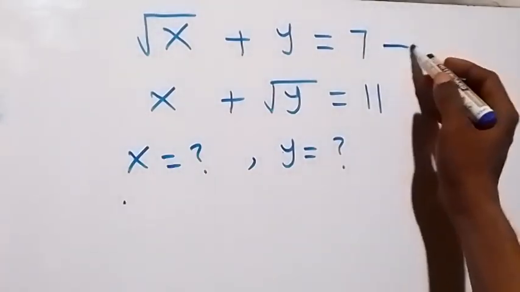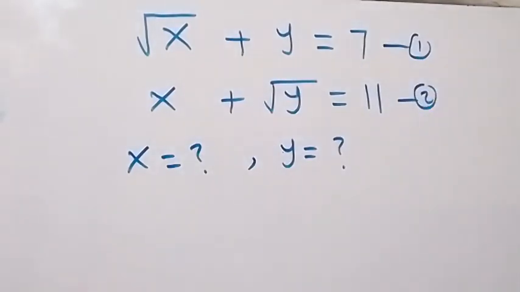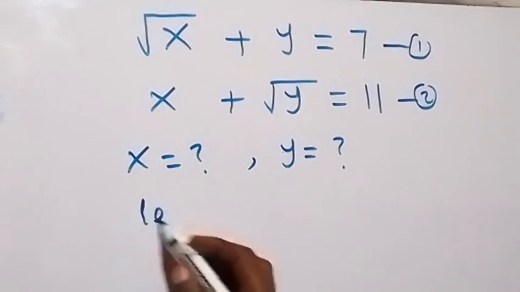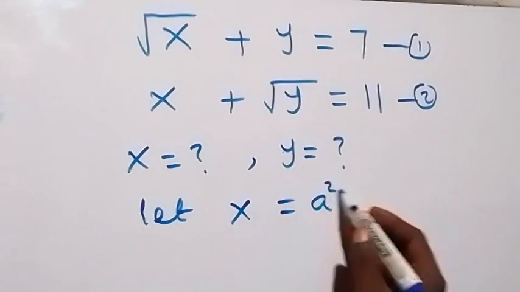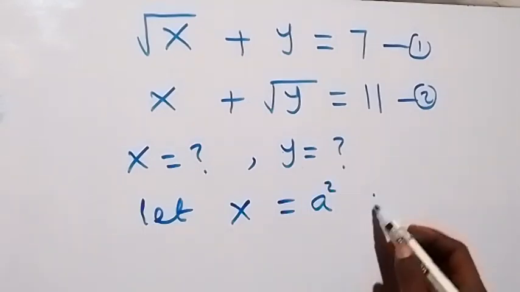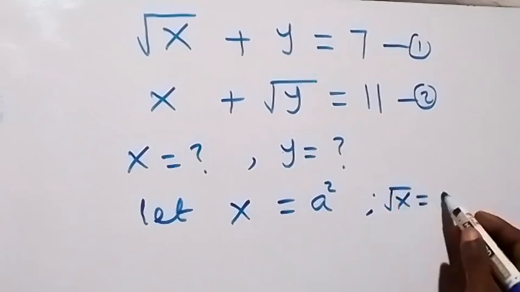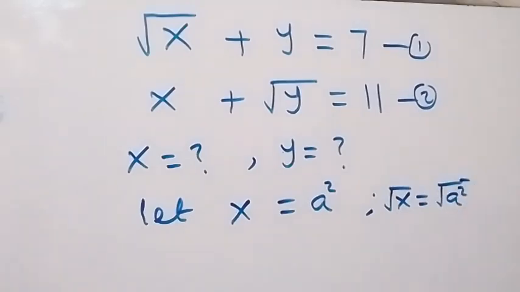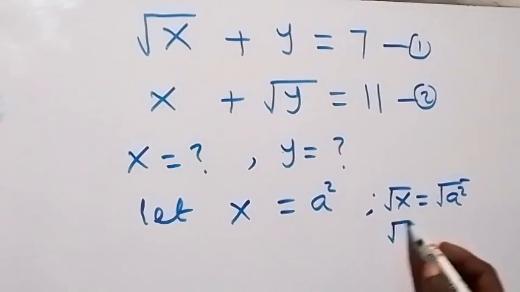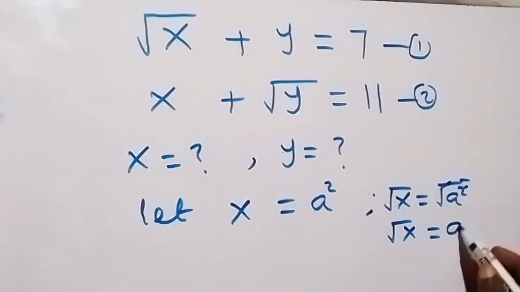From here, let this be equation 1 and this be equation 2. Then let's represent x as a square, and therefore the square root of x will be equal to the square root of a square, which implies root x will be equal to a, since the square cancels the square root.